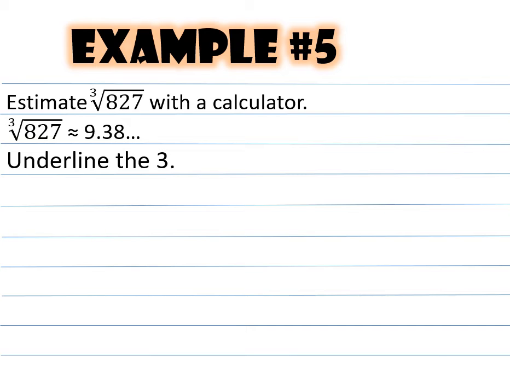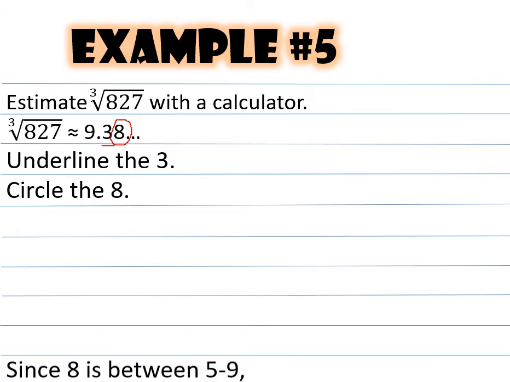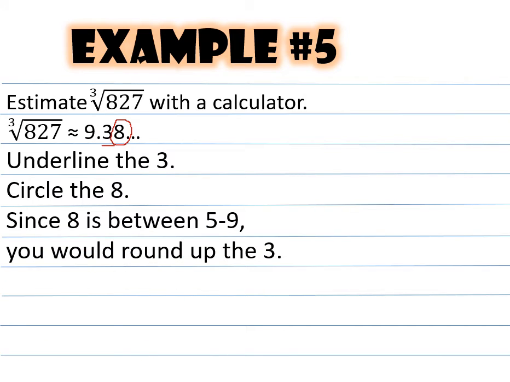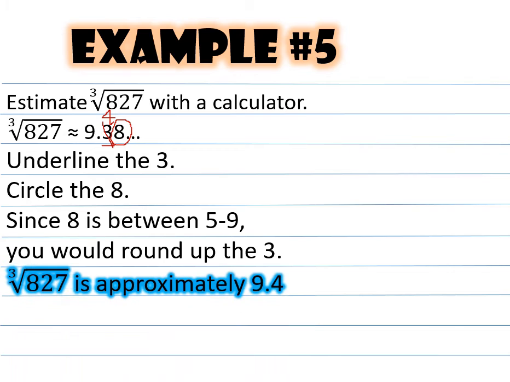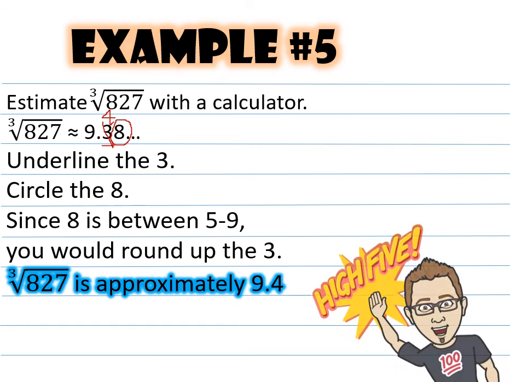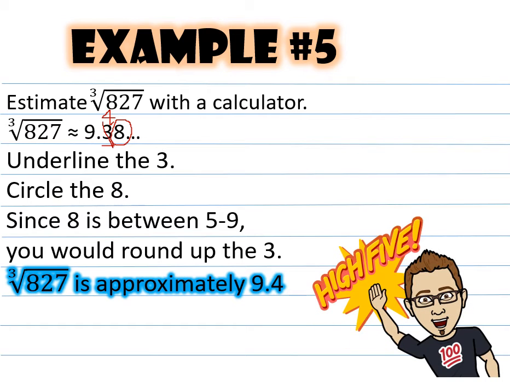You're going to write it down on your paper, underline the number 3, then circle the 8, and since the number you circled is between 5 and 9, that means that you're going to round up the 3. So this 3 now becomes a 4. So the cube root of 827 is approximately 9.4. High five!